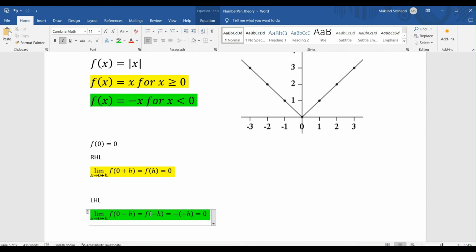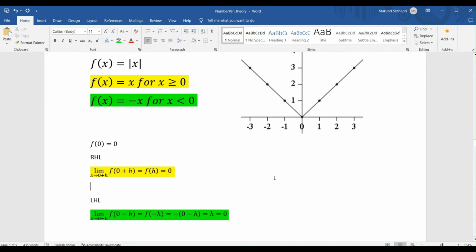So f of 0 minus h: 0 minus h is a negative number. So I apply minus of 0 minus h, right? Let me write it this way so that it becomes a lot clearer. And then minus of 0 becomes plus h, and h tending to 0 becomes 0, right?